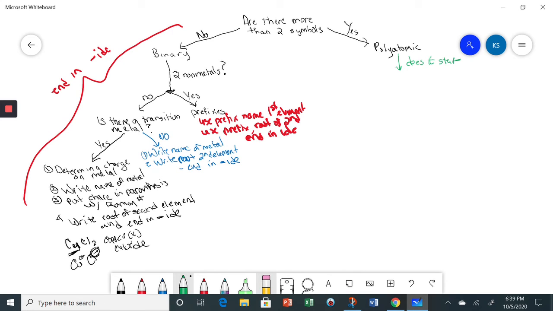I can't make the T, guys, because it's too close to my controls. So if the answer is yes, you're going to split after the metal. Find the second part on your ion chart and then name it.